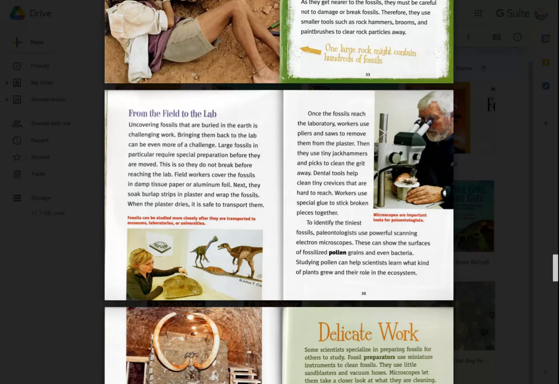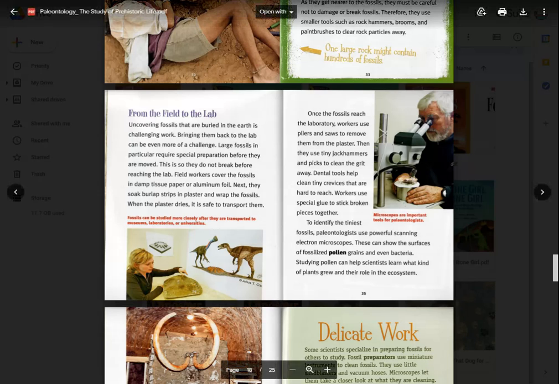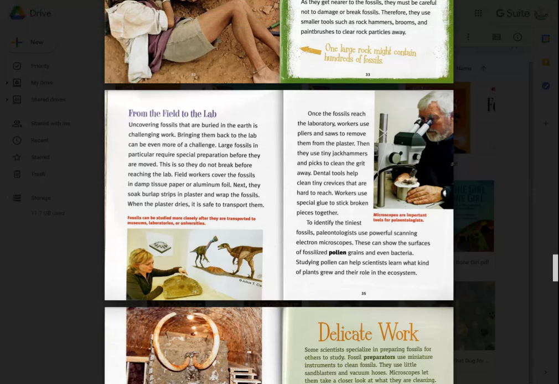Okay, so here she is. She's being very careful. Once the fossils reach the laboratory, workers use pliers and saws to remove them from the plaster. Then they use tiny jackhammers and picks to clean the grit away. Dental tools help clean tiny crevices that are hard to reach.